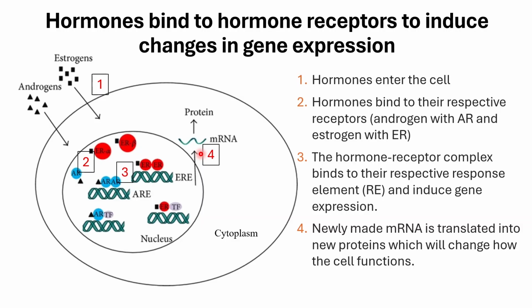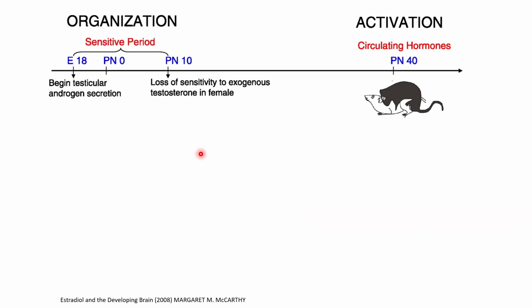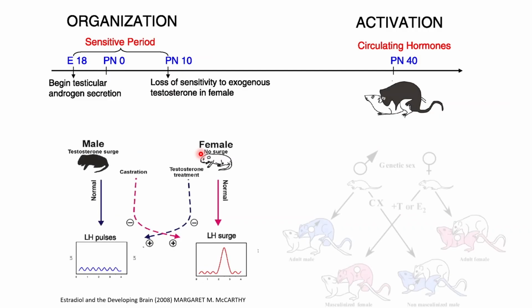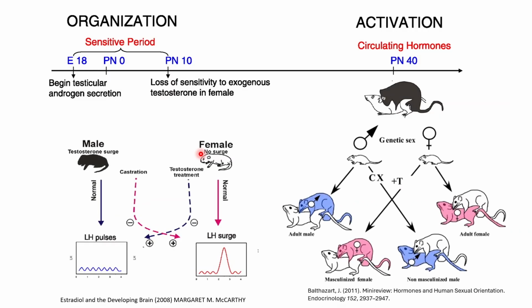That is a great question because I have an entire slide on that. So just hold on. So we talked about androgen insensitivity syndrome. We also talked about this feature, how there's a sensitive period in utero, that if males have normal exposure to testosterone, they do normal male-like behaviors in rodents.